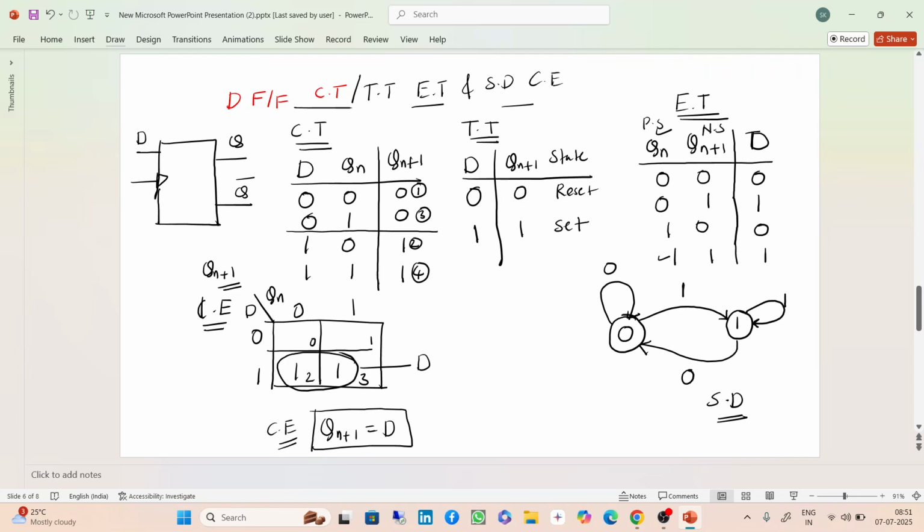Is it fine? Do you understand how I am drawing the characteristic table, truth table, excitation table, state diagram, and characteristic equation for the D flip flop? This is clock. Give response. You understood or not? Yes, sir. Yeah, note down.